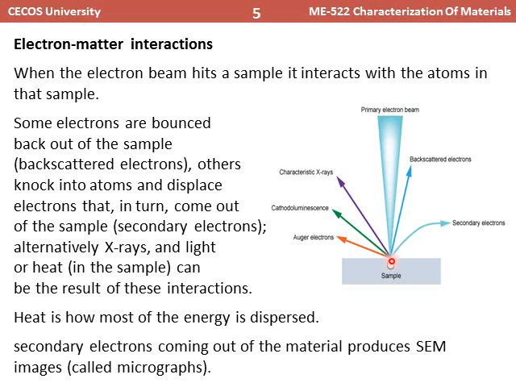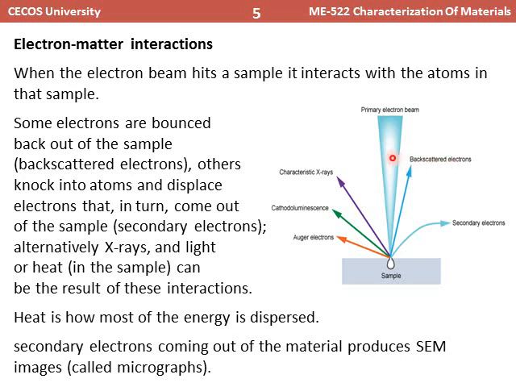First thing, maybe some of the electrons will be deflected back. So the high energy electrons are bombarded on the surface of the sample, and some of the electrons will be deflected back. These deflected back electrons are termed backscattered electrons.